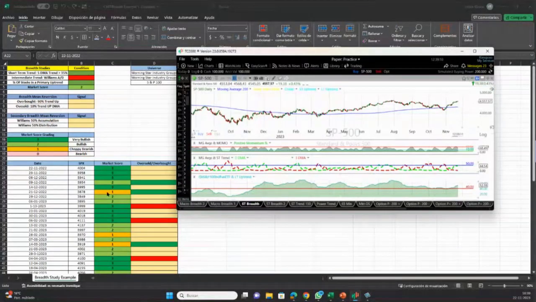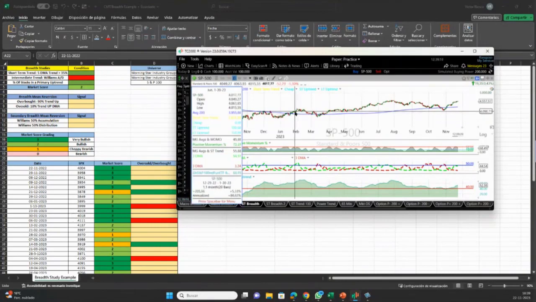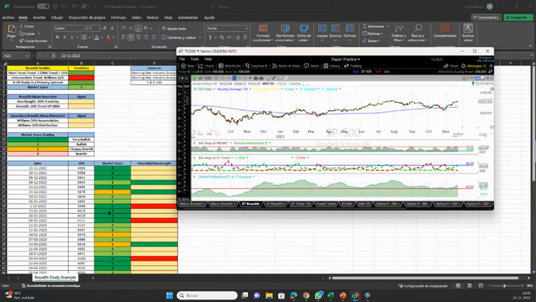Then we started going again at the end of December and January, and we were back to 3. So here we got this rally with supporting breadth, and we got up back then.